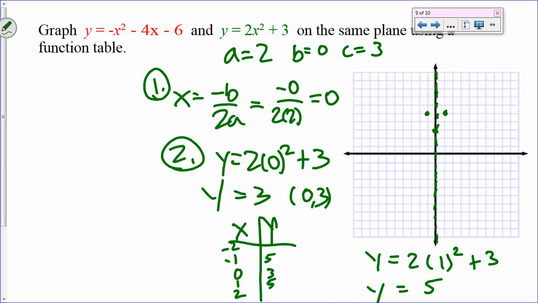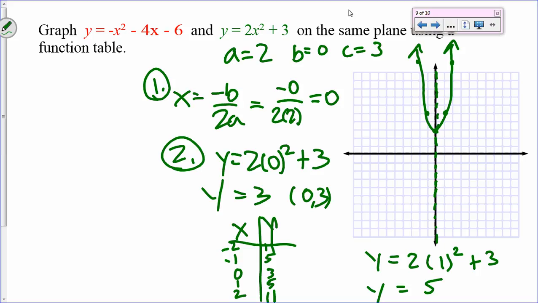When we plug in 2, we should get 2 times 2 squared, so 2 times 4 is 8, 8 plus 3 is 11. So we can have 5, 6, 7, 8, 9, 10. Maybe this one's going off of our graph here. Should be about right there and right there. And we're able to graph those: (2, 11) and (-2, 11). We got those by plugging in negative 2 and positive 2.